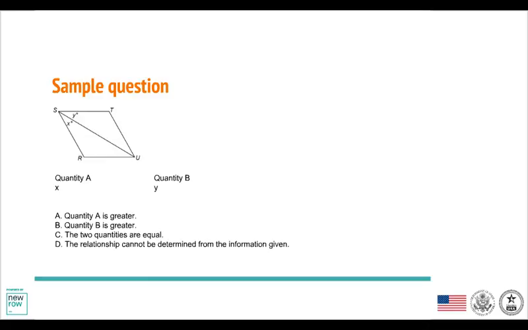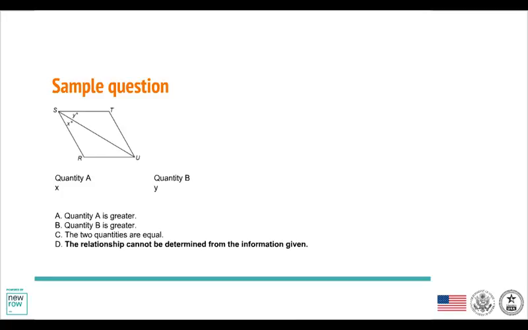So as you're looking at this particular example, this would be a geometry problem. You'd want to review some basic geometry before answering this question, because while the picture looks to be equilateral along the SU axis, each side, you don't actually know what the angle values are for that R angle or the T angle.